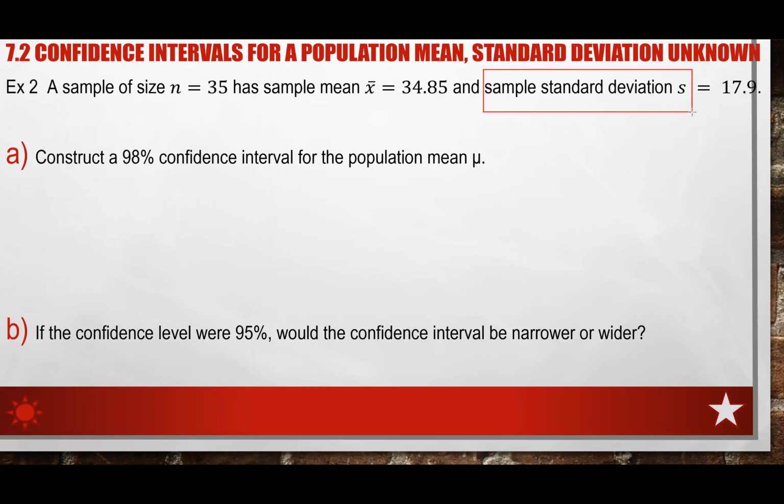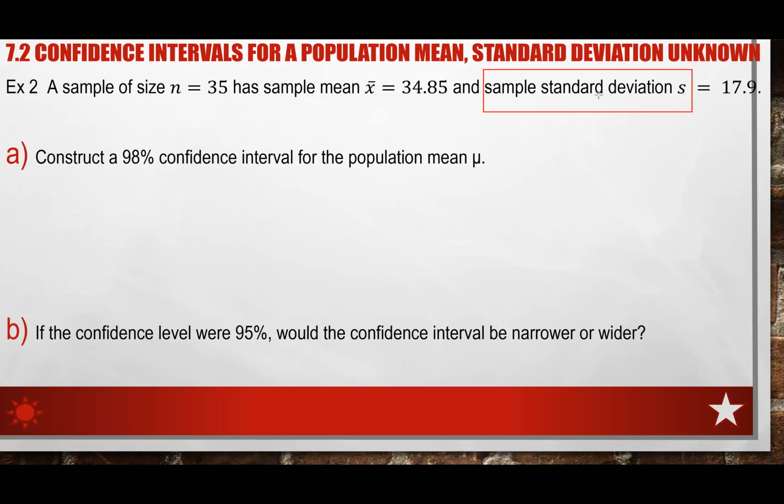Okay, but again, look at this item here. They tell you that a sample size n equal to 35, which is bigger than 30, has a sample mean of 34.85, and the sample standard deviation. So if you see that they mention the sample standard deviation, we need to do some adjustment.